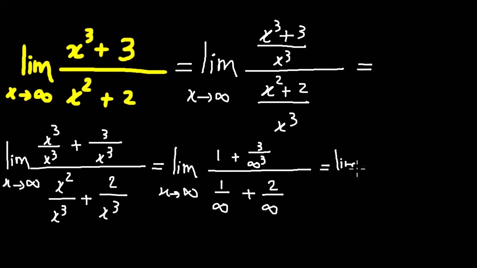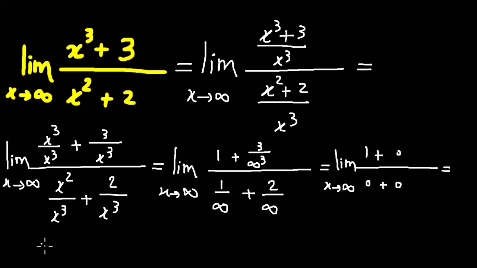So the limit of this expression is equal to 1 plus 3 over infinity, which is equal to 0, over 1 over infinity, which is equal to 0, plus 2 over infinity, which is equal to 0.